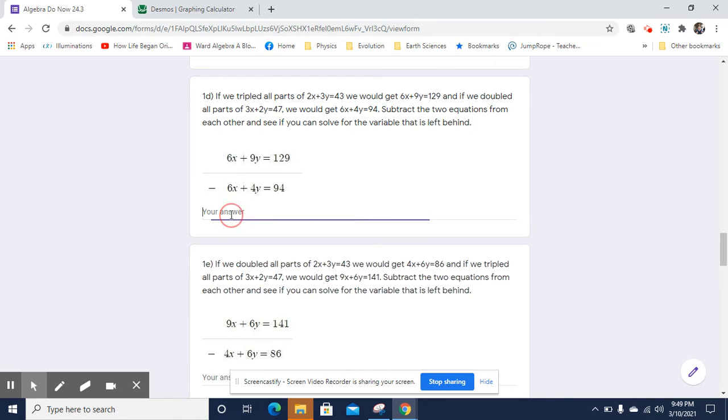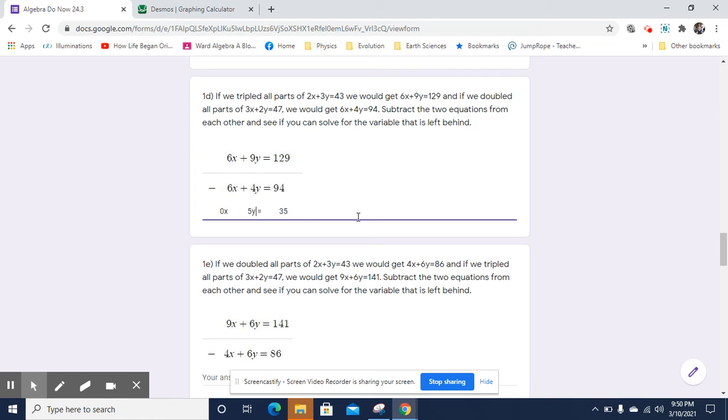All right, so let's look at what happens when we subtract. 6x minus 6x is just 0x, so we will be ignoring that. And then 9y minus 4y is going to be 5y, and that's going to equal 129 minus 94. So 9 minus 4 is 5, and then 2 minus 9, I'm going to have to borrow, we'll just call that 12 minus 9, so that's 35.